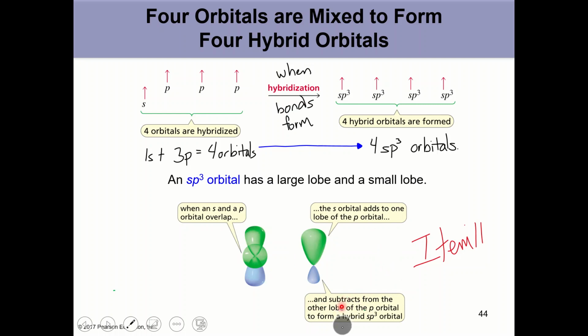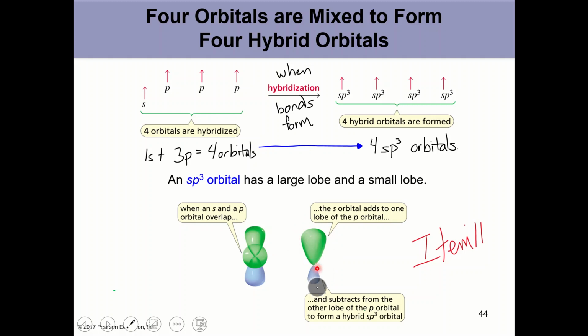Okay, so what they're showing here is that the s and the p orbital are overlapping, and if the s orbital interacts with the green side of the p and they're in phase, then we get a larger green side, and if the s orbital is blue, then we would get a larger blue side. That's not really the important characteristic, but knowing the general shape of an sp3 orbital is important.